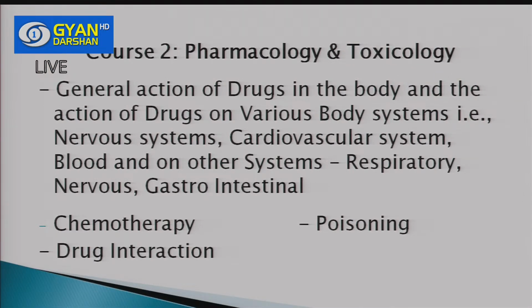How it acts in the body, what routes it follows, what chemotherapy is, how chemotherapy drugs act in the body, what poisoning is, and what the various drug interactions taking place in the body are. All this is explained in the second course, on pharmacology and toxicology.